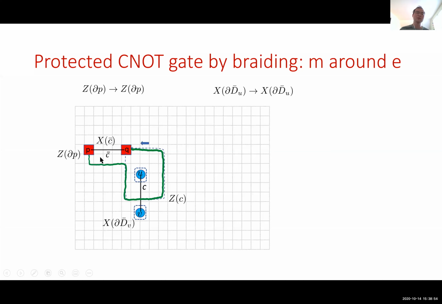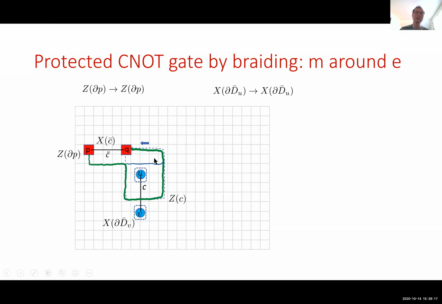So this is what I draw. You could draw any other curve like that, it's fine. So I see my logical operator become this green string, but I can decompose the green string into this part, which gets back to the logical X operator, and this loop.